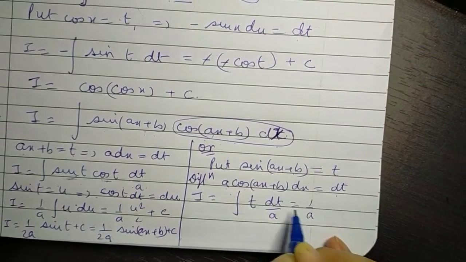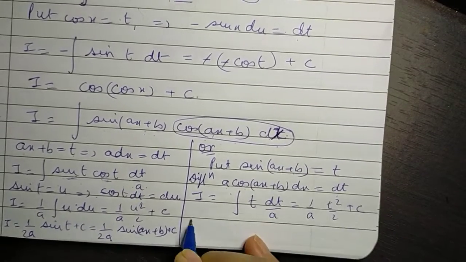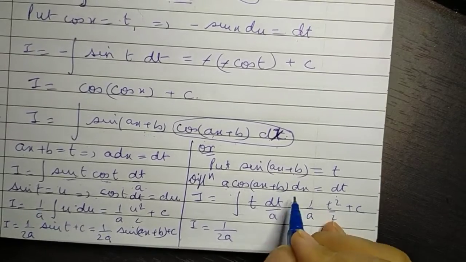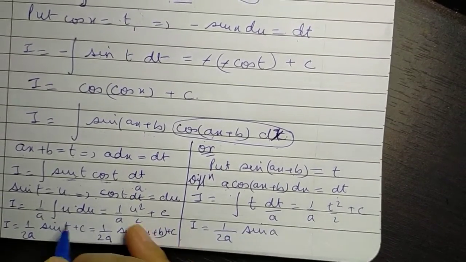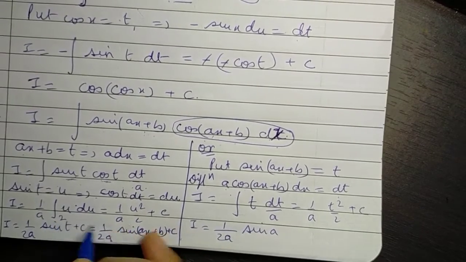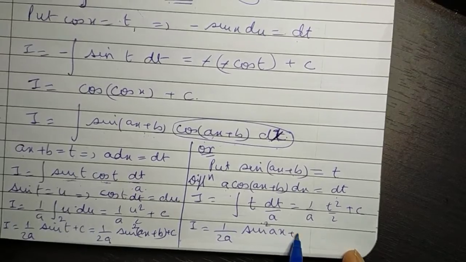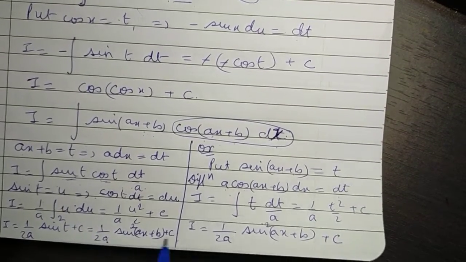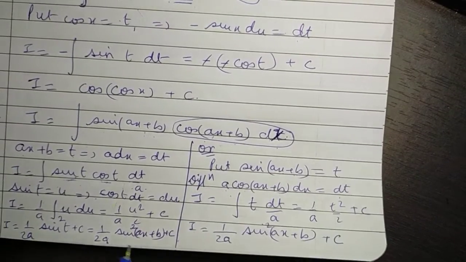This comes out to be 1 upon a into t squared by 2 plus c, or I becomes equal to 1 upon 2a. In place of t you replace sine of ax plus b, squared. Now you get sine squared of ax plus b plus c. You observe that both the answers are one and the same.